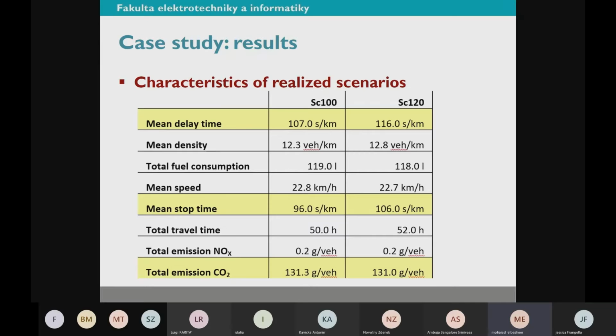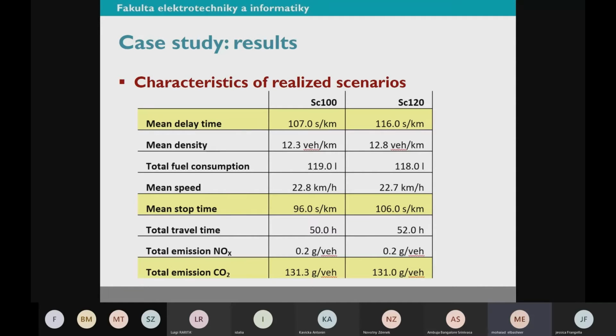Both scenarios bring some results. So you can see here in the table, in the first column scenario 100 and in the second column scenario 120. The most important indicators observed are highlighted.